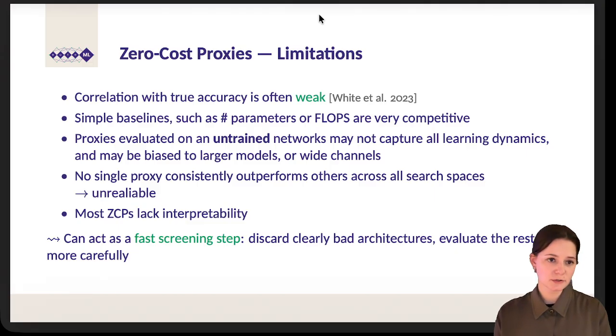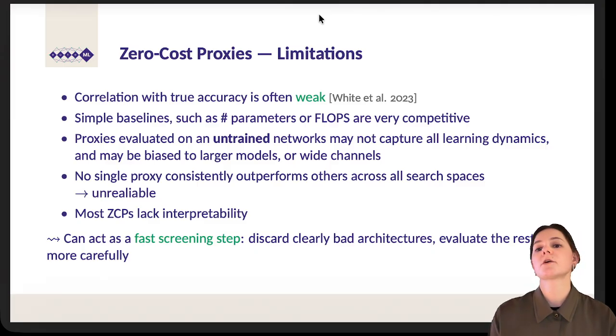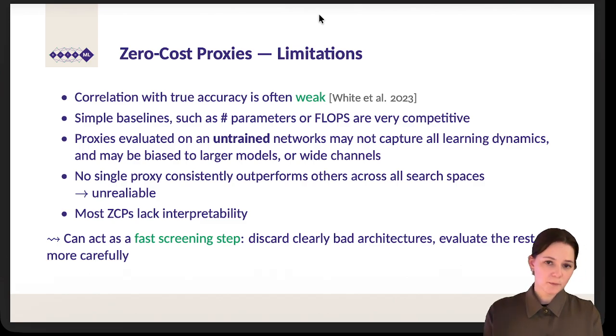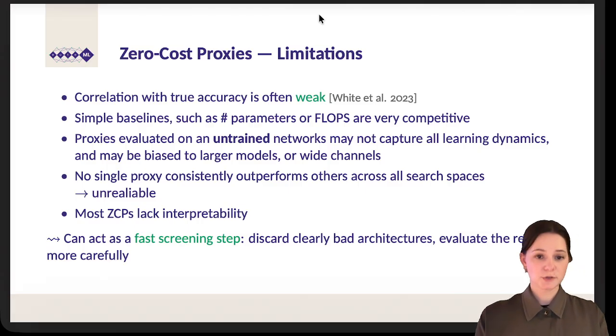So using zero-cost proxies also in conjunction, they can discard clearly bad architectures, and then the question is which of the rest we want to evaluate more carefully using different search approaches or performance estimation approaches, keeping in mind that the zero-cost proxies are not always interpretable.